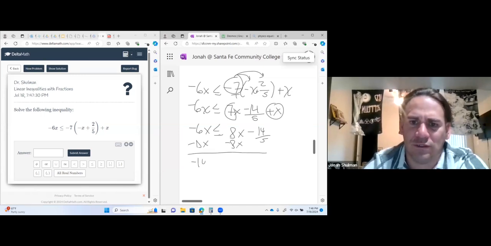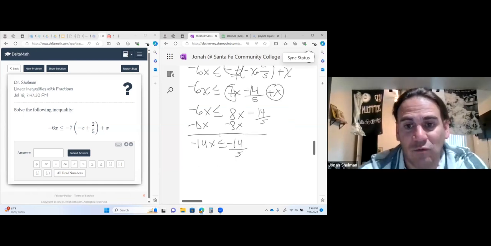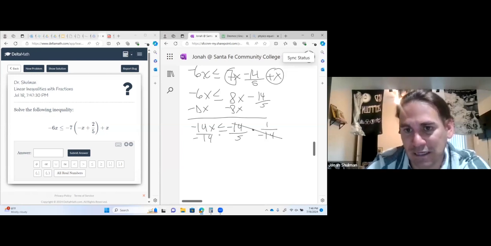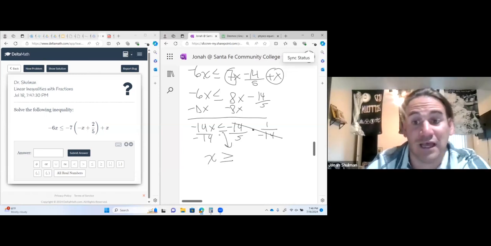I've got a negative 14x, negative 14 over 5. Now we can't forget when we're going to be dividing by, it doesn't matter how we do it. We're just going to divide both sides by negative 14. So we're going to multiply by 1 over negative 14. They're going to cancel, and this sign is going to flip. A lot is happening.